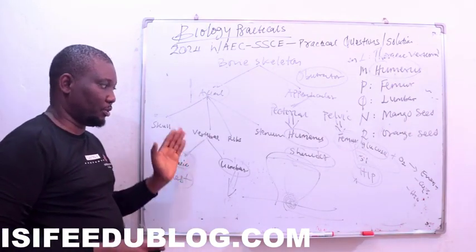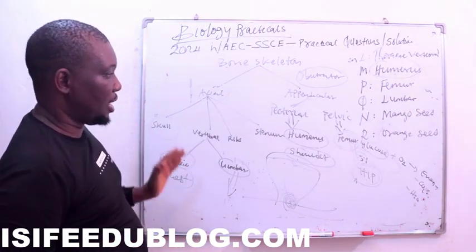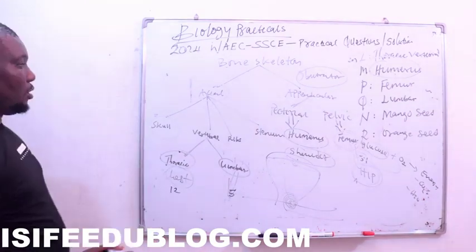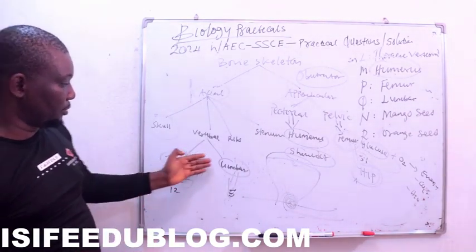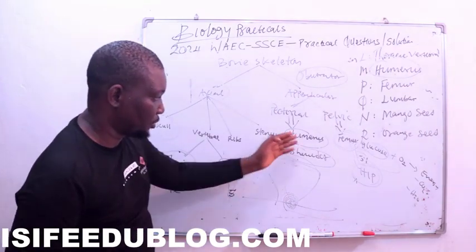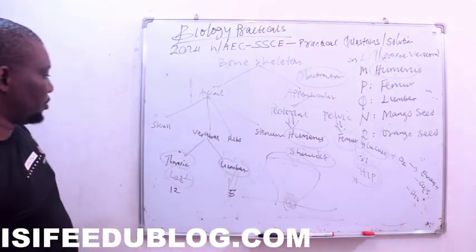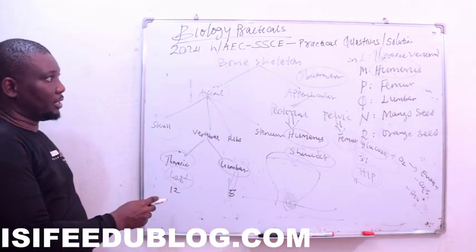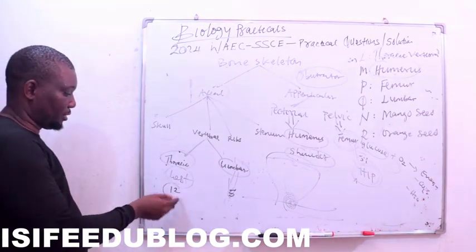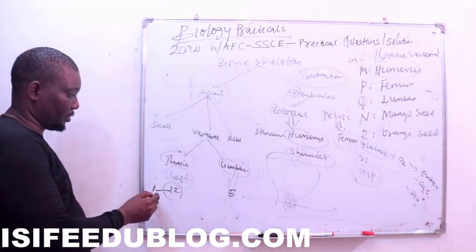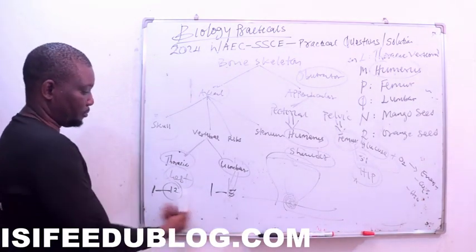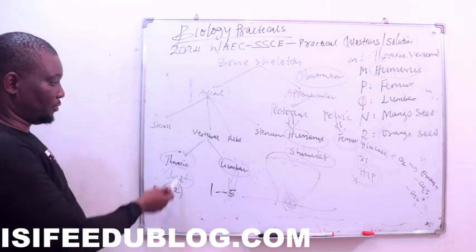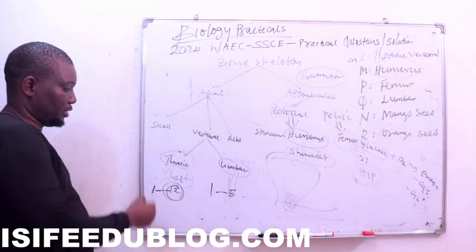The thoracic is the chest region, the lumbar is the lower region of the back, this is at the shoulder, and this is at the hip. The number of thoracic bones is 1 to 12, and the lumbar is 1 to 5. In case they ask you the number of thoracic bones, say it's 12.